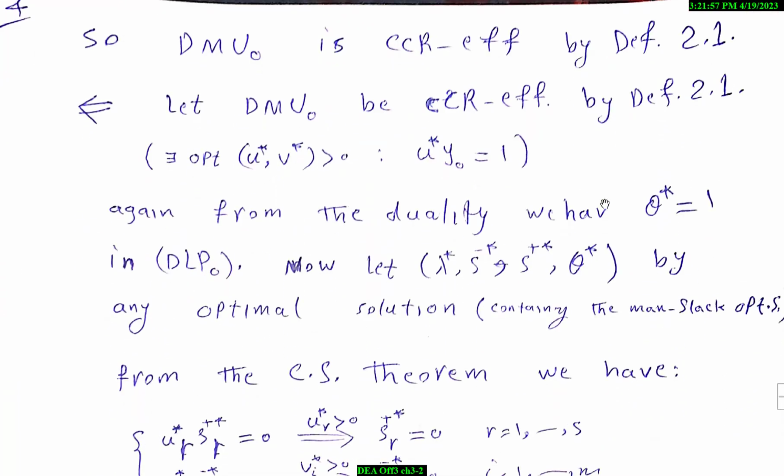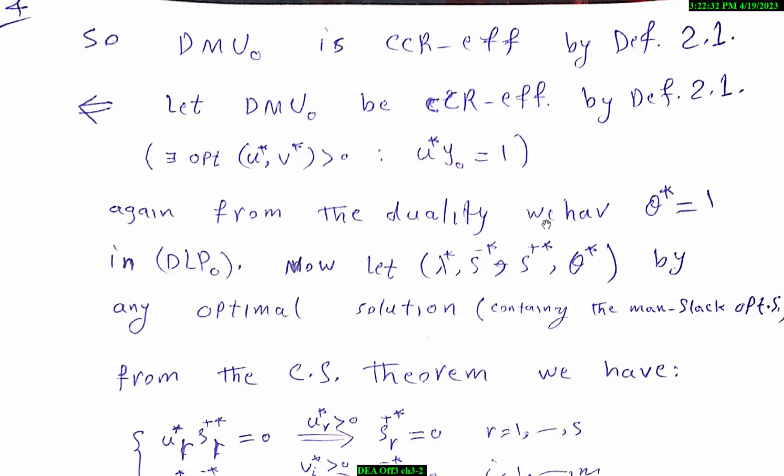But conversely, let DMUO be CCR efficient by definition 2.1. This means there exists an optimal solution for LPO with the objective function value of 1 and all the weights strictly positive.